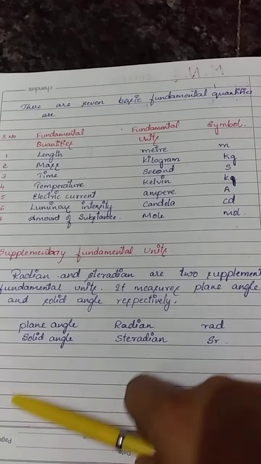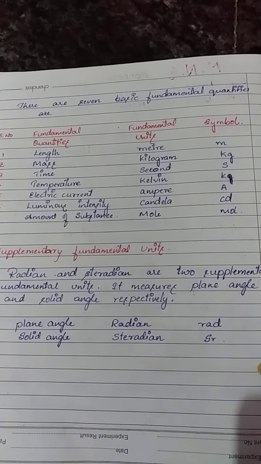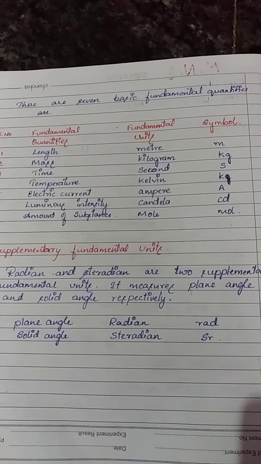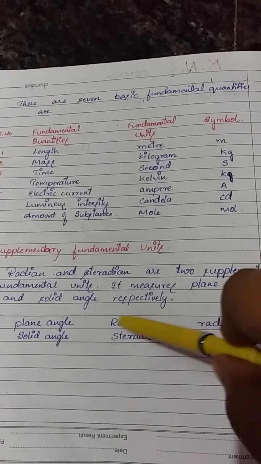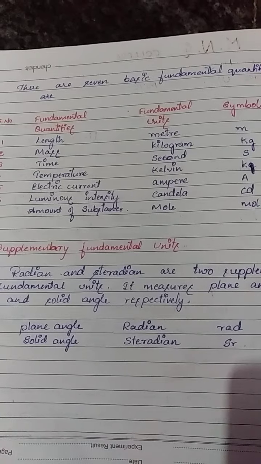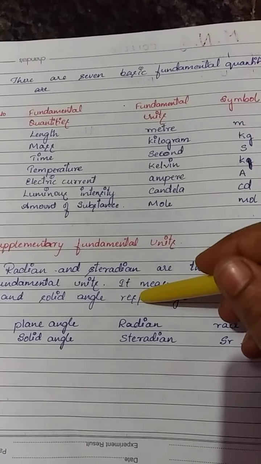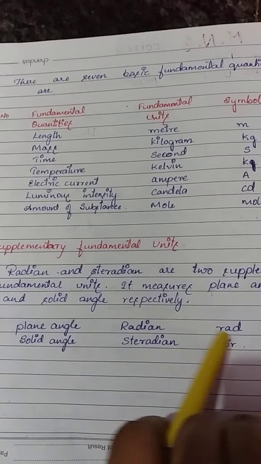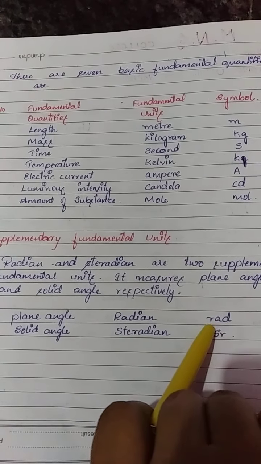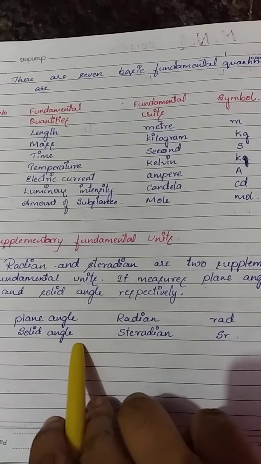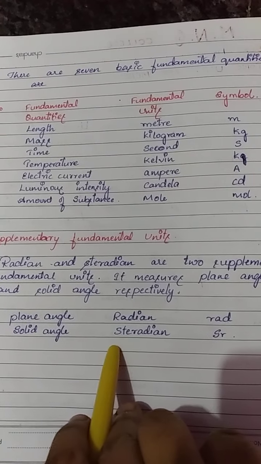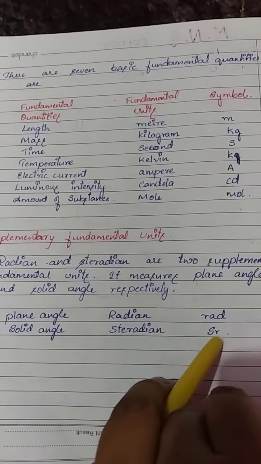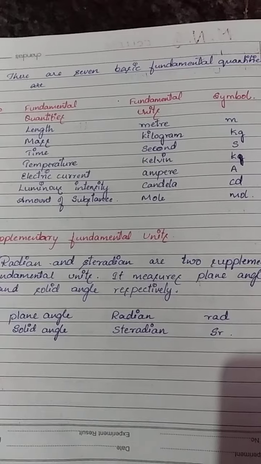So the angle in two-dimensional form we have to find out. So this is the additional form. Plane angle, the unit is radian, symbol is RAD. Next, solid angle, unit is steradian, and the symbol is SR.